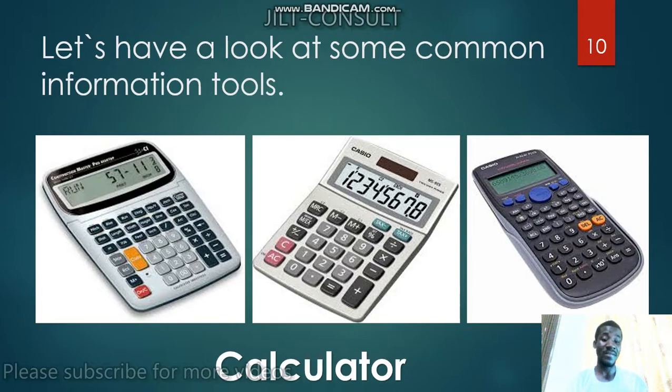There is a calculator on the mobile phone. Let me see if I can show you one. See, there is a calculator on a mobile phone that you can just punch, then calculate.